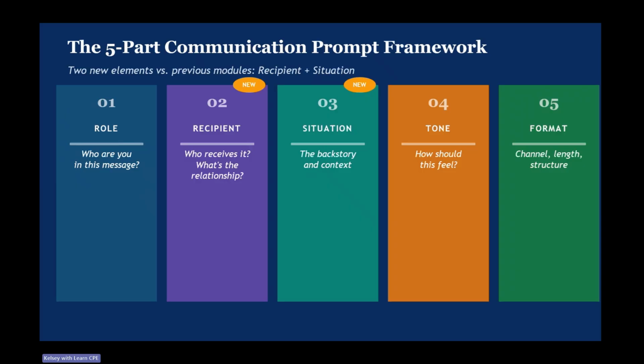And our format is going to be channel, length, and structure. So recipient and situation are going to be the heart of communication prompting. Recipient adds who's receiving it, what the relationship is, what's happened before, any type of backstory that the AI might need. And so these 2 are really what we're going to focus on.